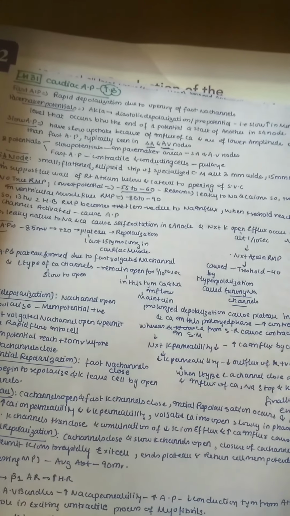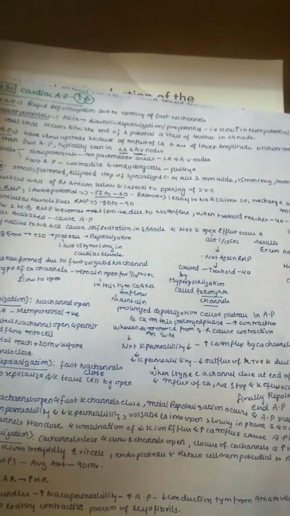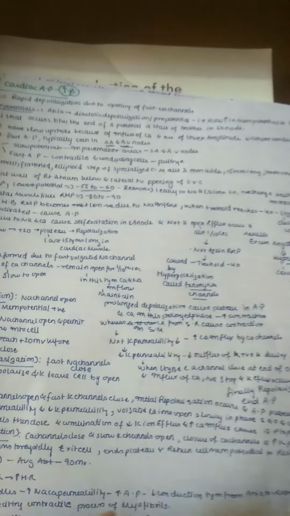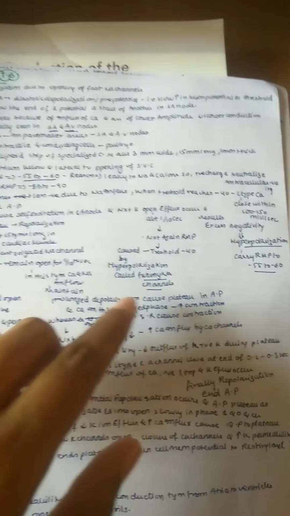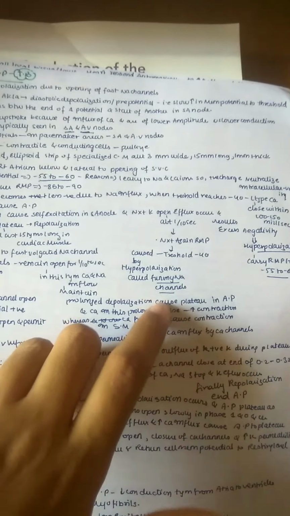So after forming the depolarization, repolarization should take place, but instead of repolarization here hyperpolarization is taking place because the potassium channel is open for a long time. So after hyperpolarization, to form the next wave of action potential, this hyperpolarization only leads to the opening of funny sodium channels, hence the name funny sodium channels.